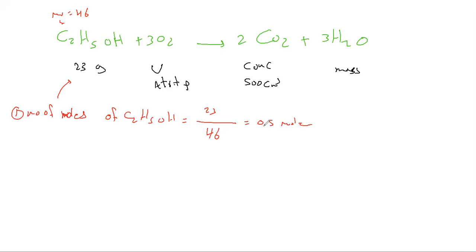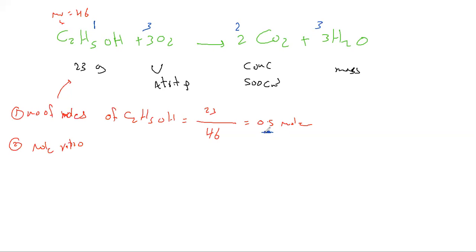This is number one. Number two, more ratio. How do we get more ratios? This is the coefficient from the equation. Now we have number of moles, 1 mole. This is the number of moles, coefficient in the balanced equation. Reacting with 3, reacting with 2, reacting with 3.